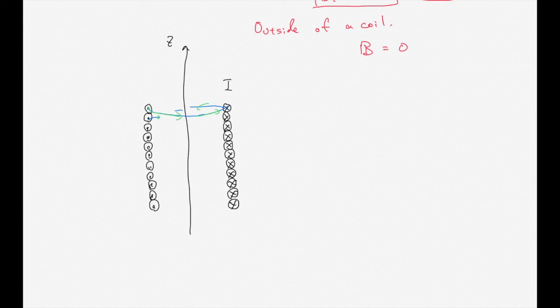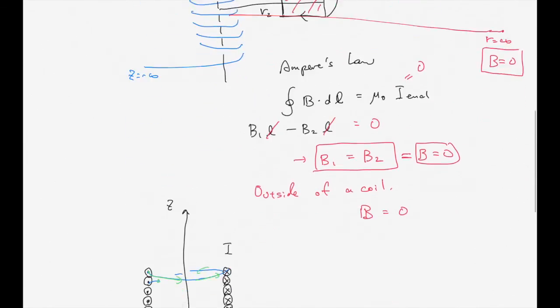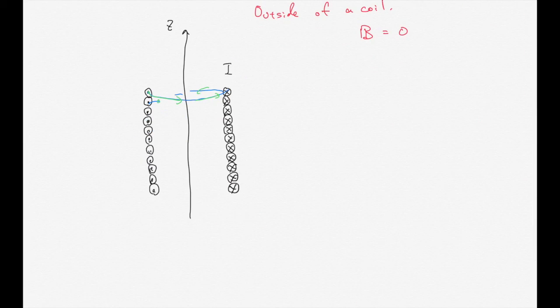Then we'd like to apply Ampere's law. But first of all, we consider this path of the integral. So this is the integration path. As I explained, outside the coil, B is 0.